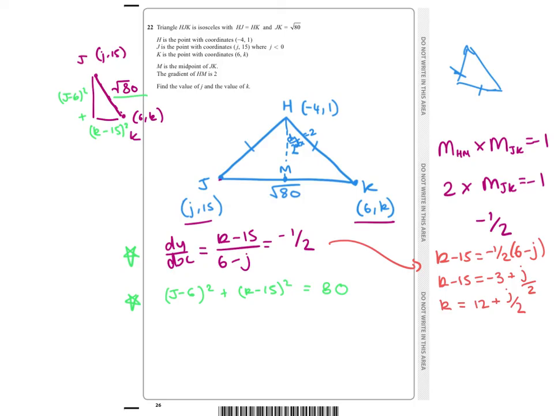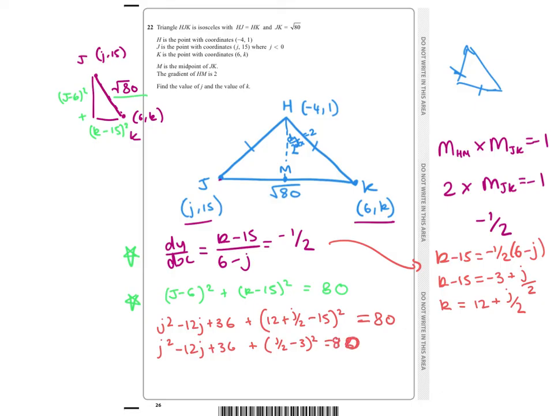So I'm going to get j minus 6 squared. I'm going to get j squared minus 12j plus 36 plus 12 plus j over 2 minus 15 squared equals 80. So that's going to give me j squared minus 12j plus 36 plus j over 2 minus 3 squared equals 80.